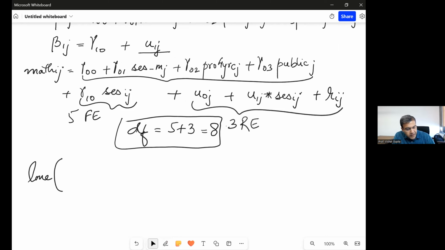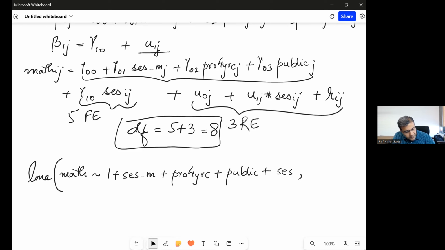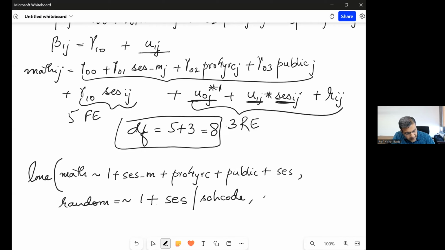Now we will say the R command becomes math is regressed on 1 plus SES mean plus pro 4-year college plus public plus SES, comma, random is equal to tilde 1 plus SES, and it varies per school code, and data is equal to school.